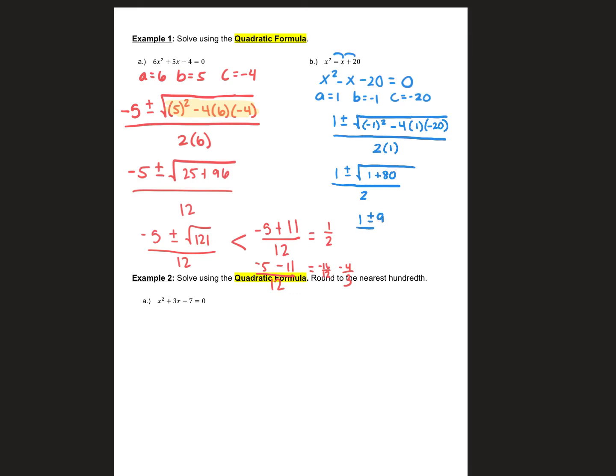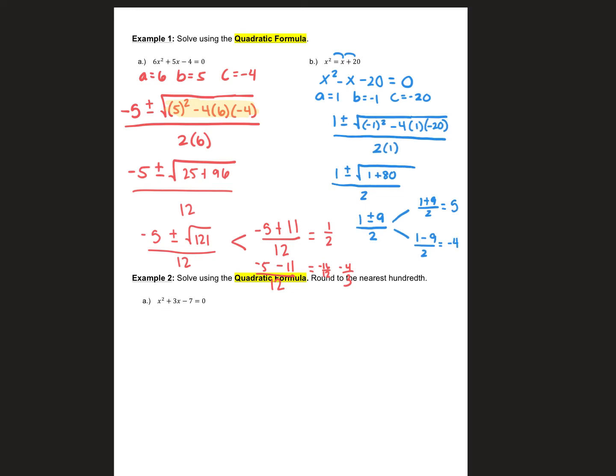Once you've simplified the square root and multiplied the 2 times a, then you're going to make your two math problems. One is going to be 1 plus 9 all over 2, and the other is 1 minus 9 all over 2. So I get 10 over 2, which is 5, and 1 minus 9 is negative 8 over 2, which is negative 4.